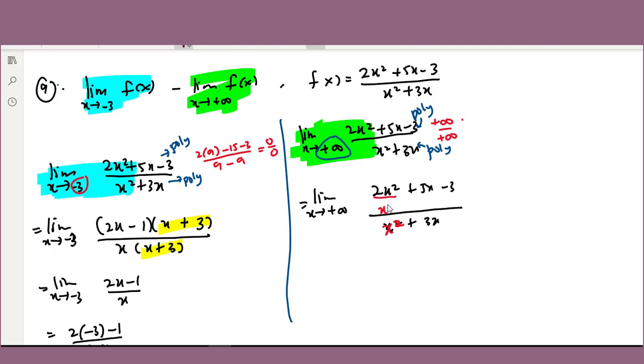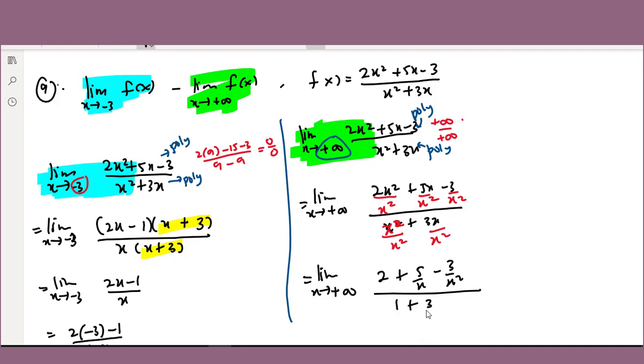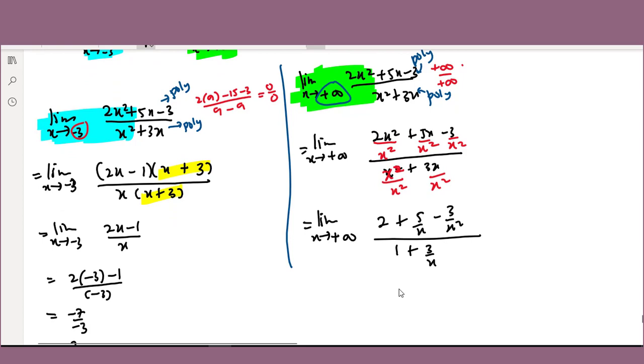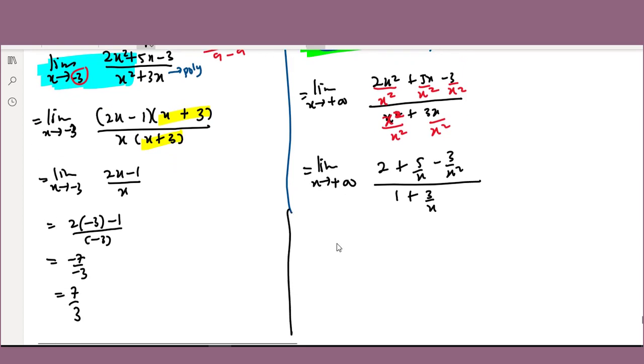So divide each term by x squared. Then simplify. Limit as x tends to positive infinity, 2 plus 5 over x minus 3 over x squared, over 1 plus 3 over x. Then substitute: 2 plus 0 minus 0 over 1 plus 0, equal to 2 over 1, which is equal to 2.